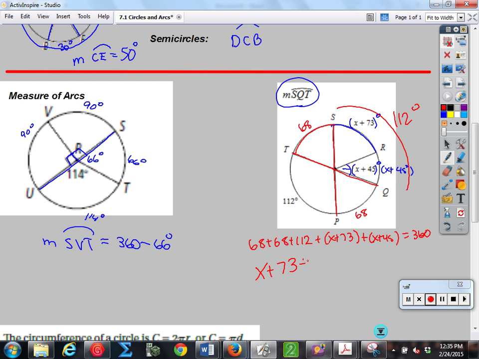X plus 45 equals 112. And I could get that same thing too if I subtracted those to the other side, I'd get 112. So negative 6, x equals negative 3.